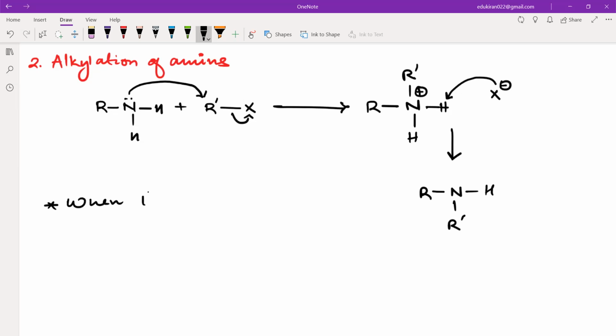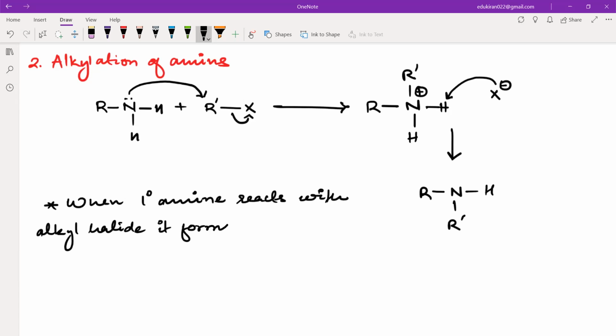So you can write a point that when 1 degree amine reacts with alkyl halide, it forms 2 degree amine.